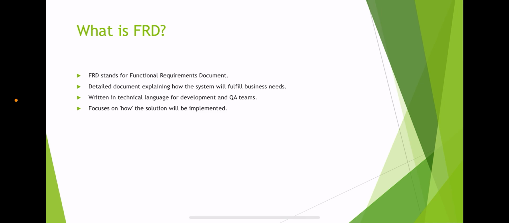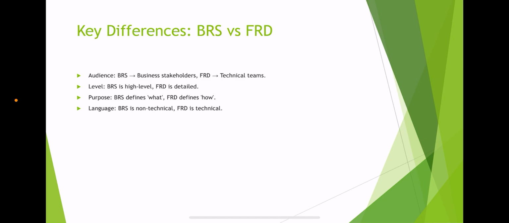So let's move ahead with what is the exact difference between BRS and FRD, so you will get a bigger idea about BRS and FRD. Okay, so the main key difference between BRS and FRD is the audience.